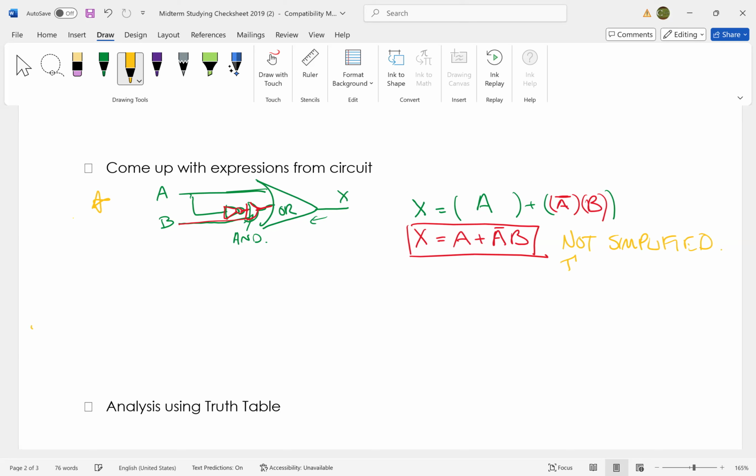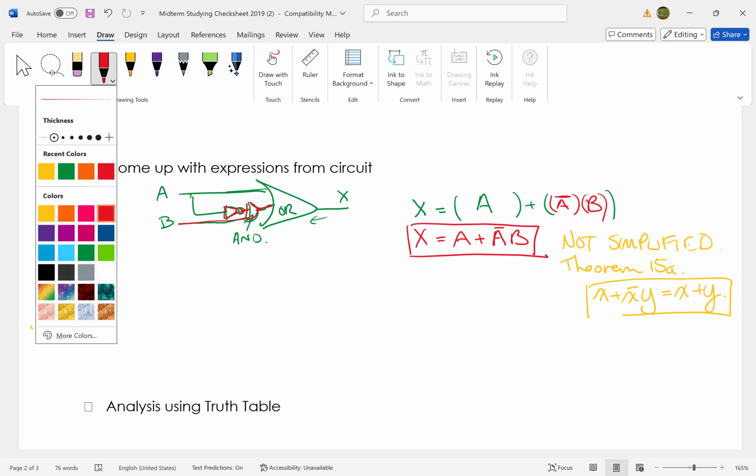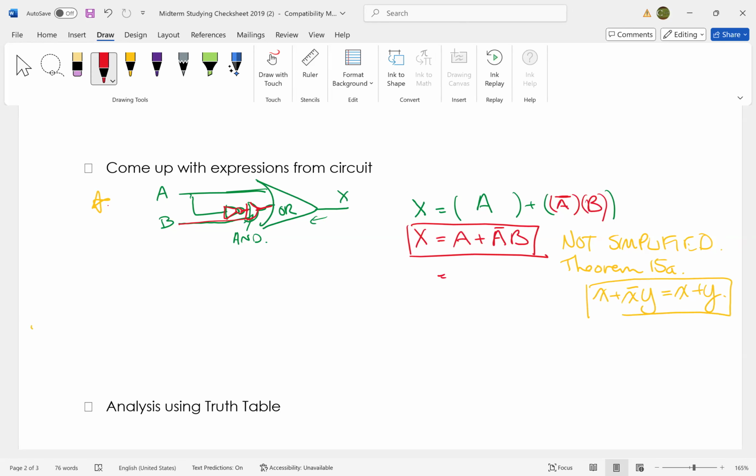We see that this is theorem 15A, where x plus x inverted y is equal to x plus y. Therefore, we can simplify this further and say that this equals A or B. And that's the final answer on this one.